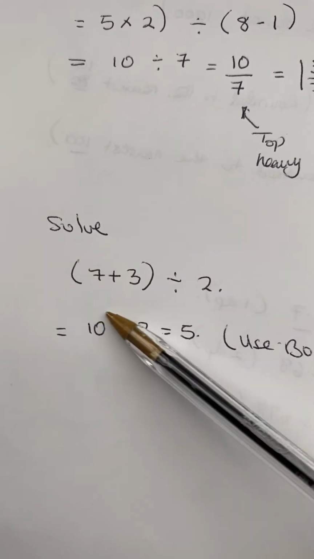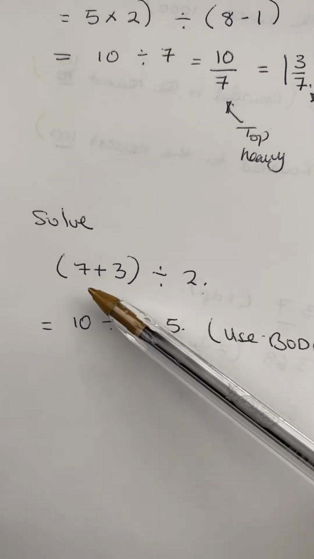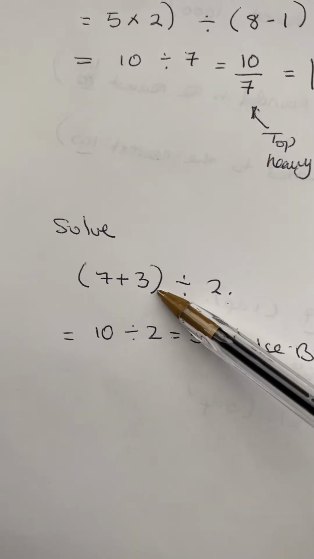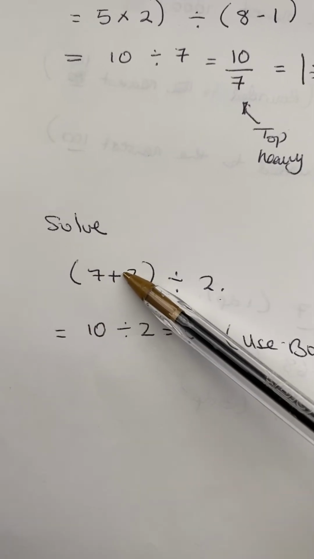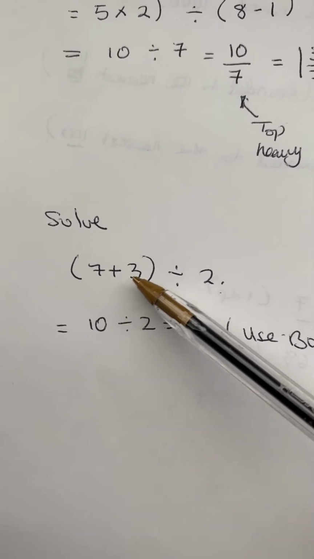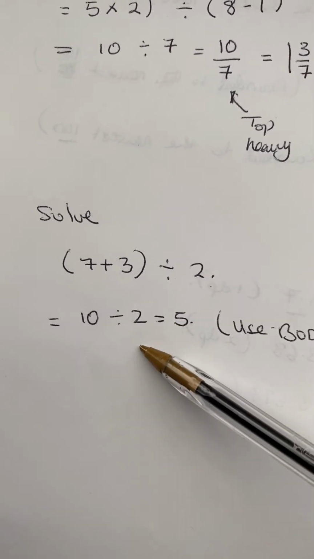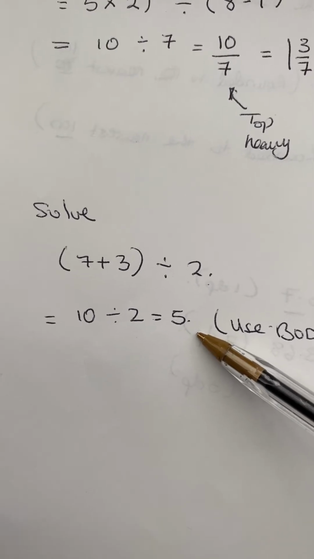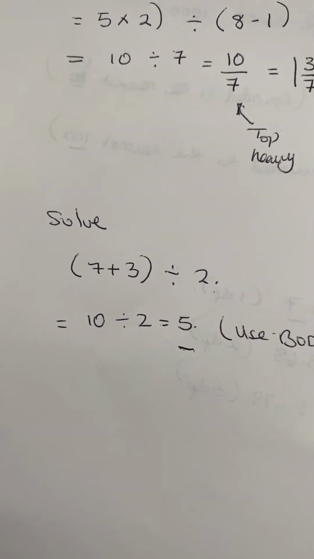If we did 3 divided by 2 and then added 7, we would get a different answer. But this question is asking us to do the bracket first. So 7 add 3 is 10, divided by 2, which is 5. 10 divided by 2 is 5. So this is the answer: 5.